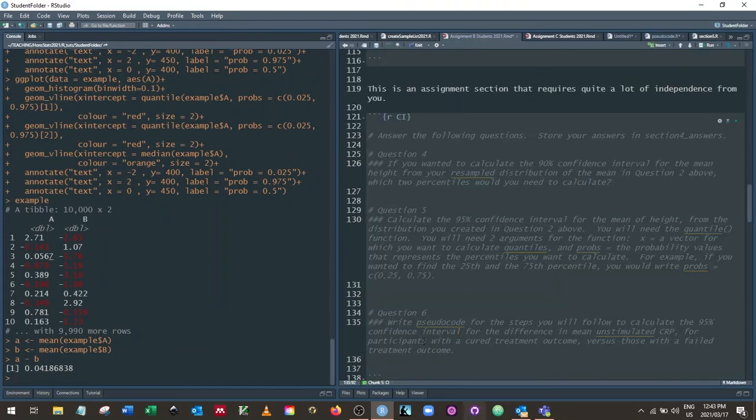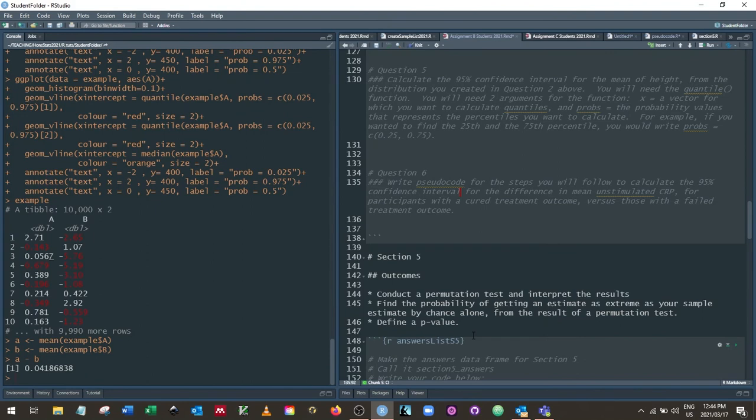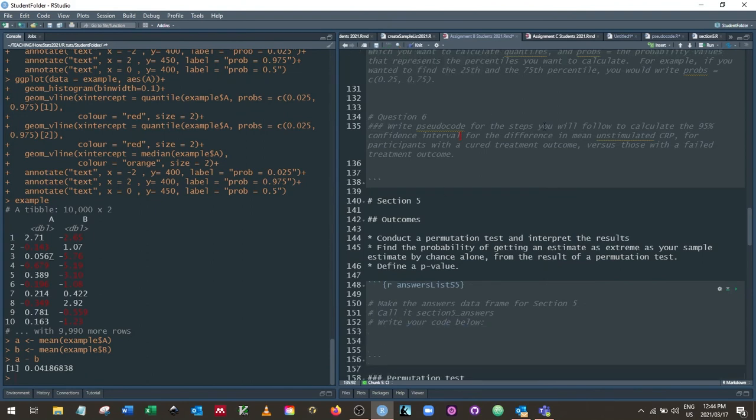So that's what you do over here. You just write for me the steps, just using normal words, that you would follow to do this. You don't include the code. You're just writing to me which steps you would need to follow to be able to get this answer, the answer of the difference in the mean of unstimulated CRP.